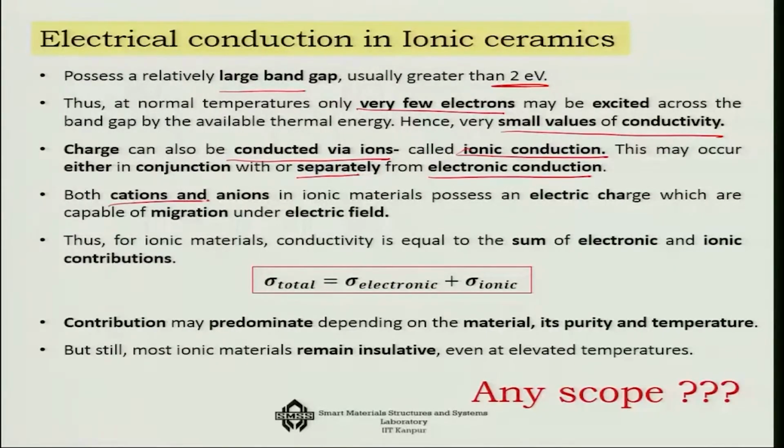Both cations and anions in ionic materials possess an electric charge and are capable of migration under an electric field. Thus, for ionic materials, conductivity is equal to the sum of the electronic and ionic contributions. Now, either contribution may predominate depending on the material, its purity and temperature, but still most ionic materials remain insulative even at elevated temperatures.